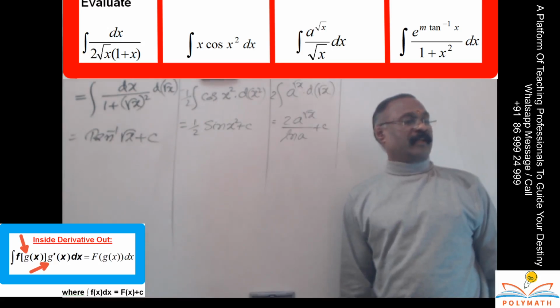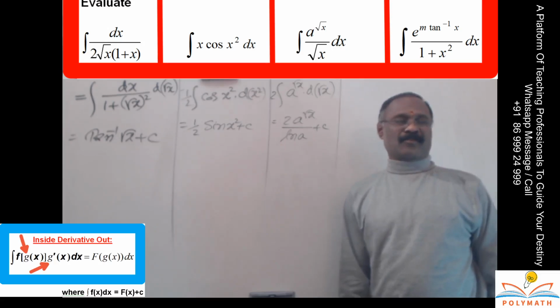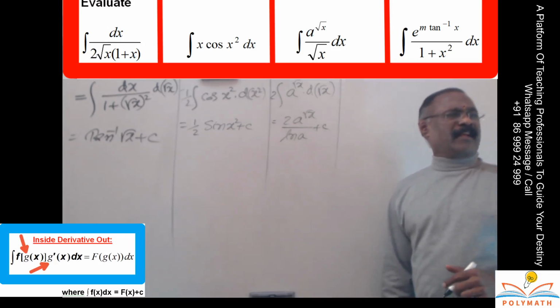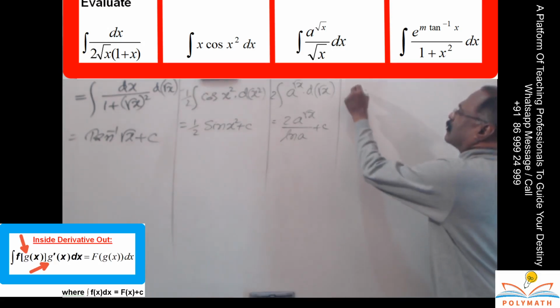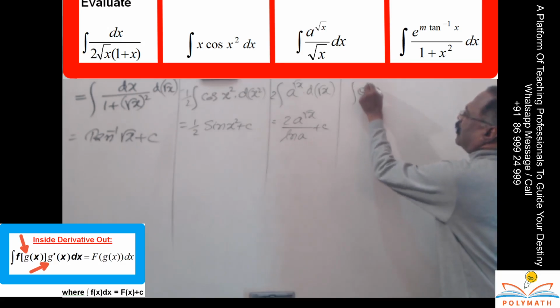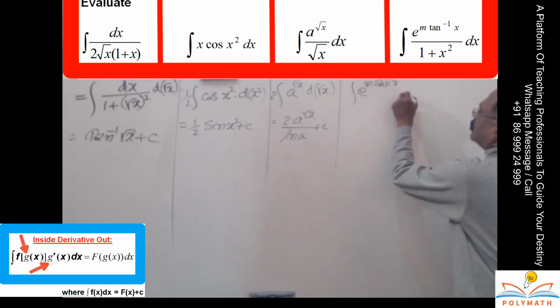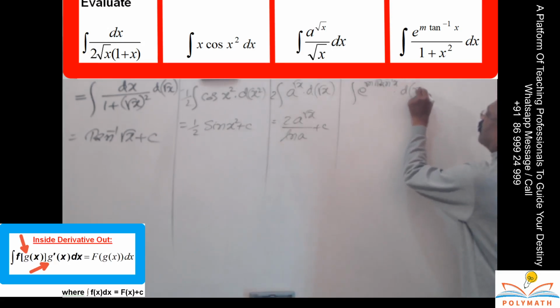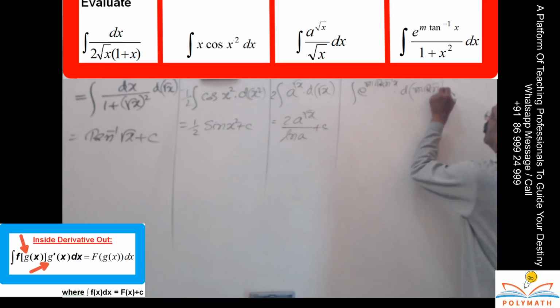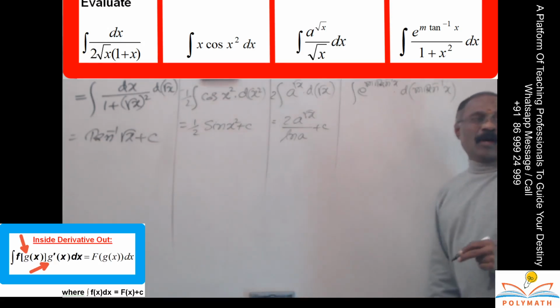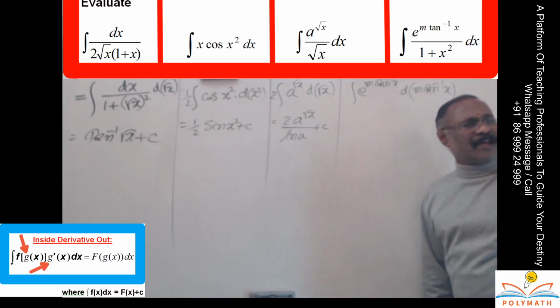Just see that carefully. Next one, e power m tan inverse x by 1 plus x square. If you see the derivative of m tan inverse x, what is it? It is m by 1 plus x square. It is very much there.